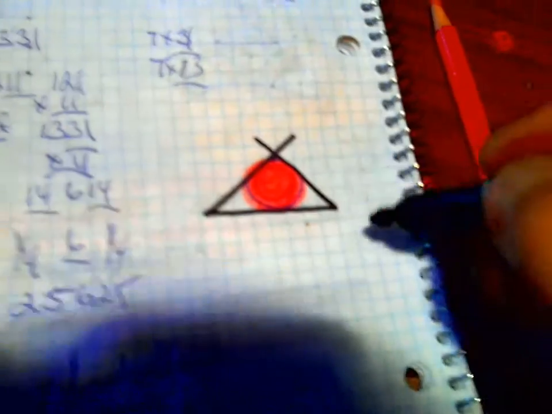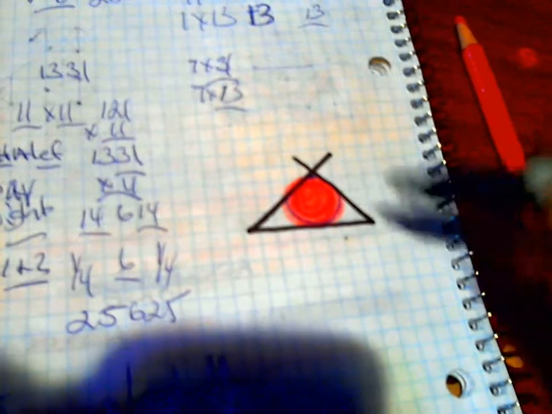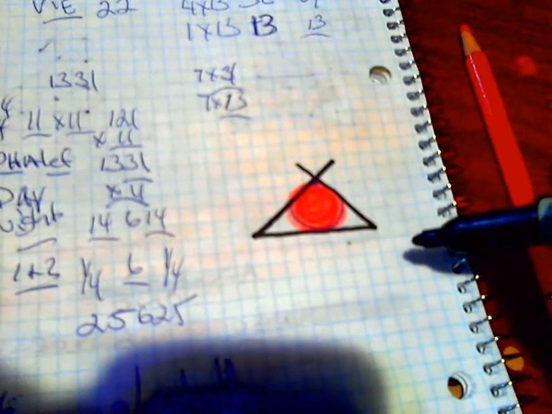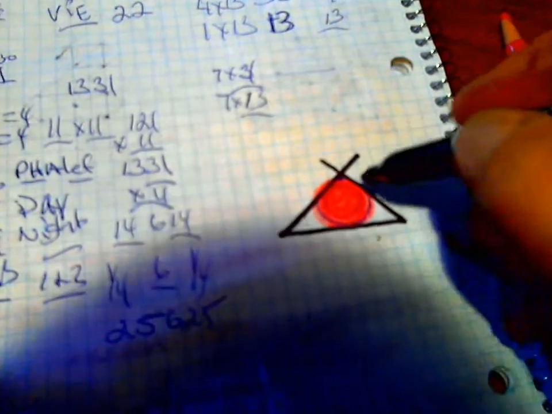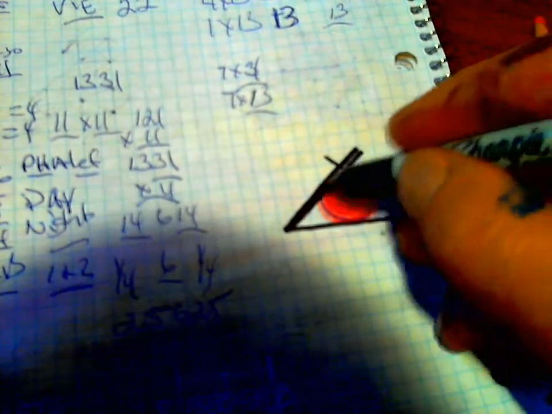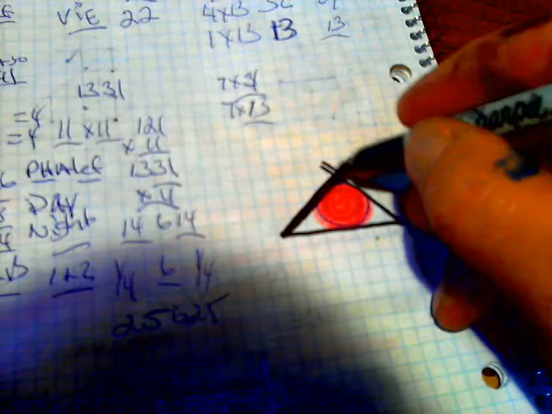I'm going to box this in like this, and then I'm going to box this in like that. Do I have to box that in anymore? Is that not enough? Am I supposed to have this higher? Did I not go high enough?